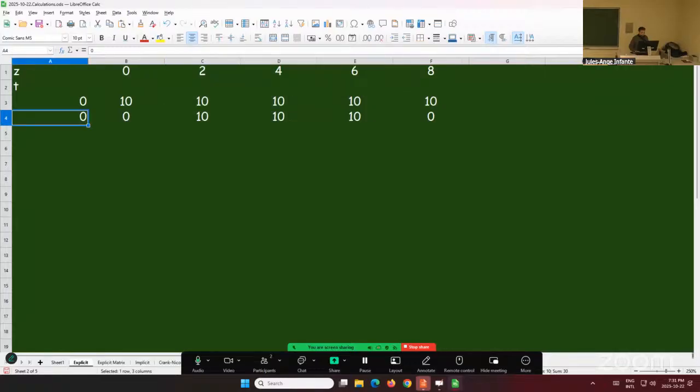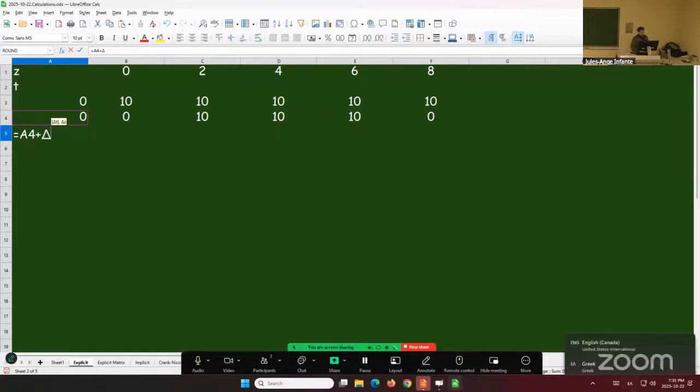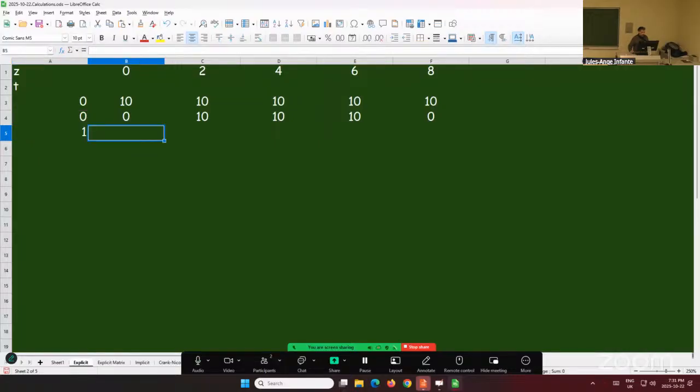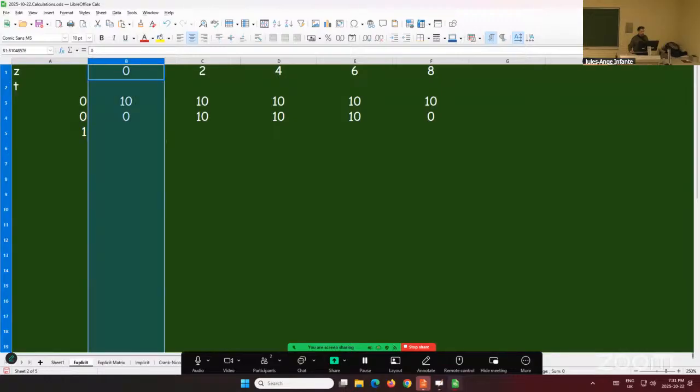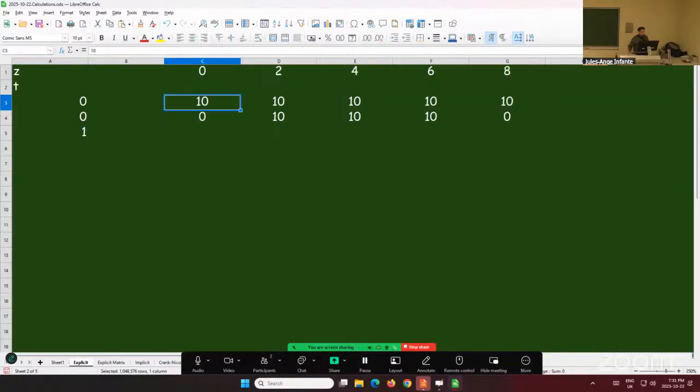This is instantaneous. Now at 1 year, I go this plus the time increment, plus delta t. And I could insert here the x or the z value.